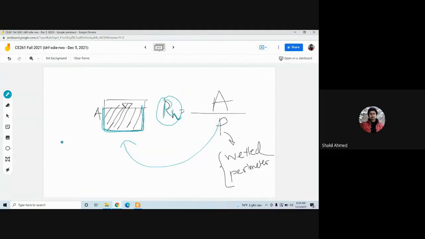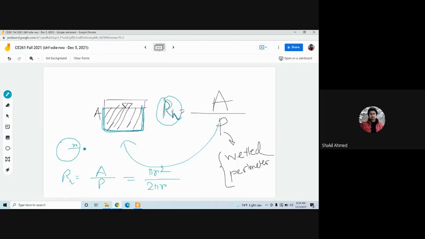If it's a circular pipe, then R_H is what, guys? A divided by P, right? Yes, sir. If the radius is small r, then A equals what? Pi by 4 D squared, or pi r squared, right? Yes, sir. P is what? Twice pi r, right? Yes, sir.